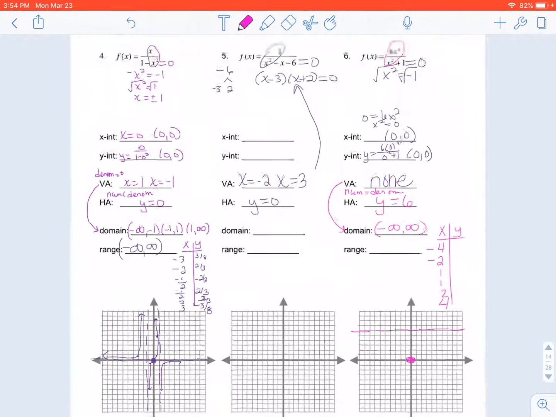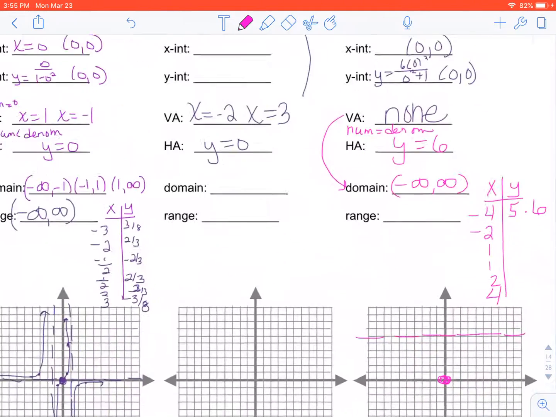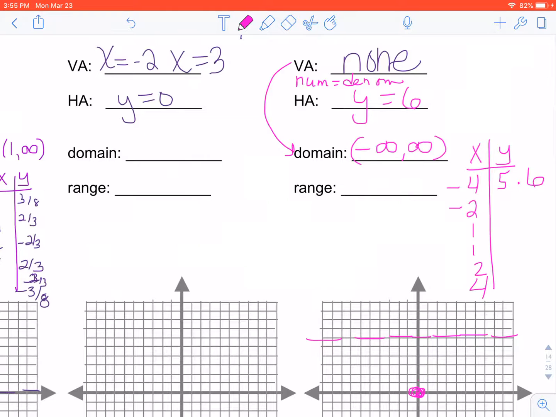And this one gets a little messier because you have a 6 times the x squared on the top, x squared plus 1 on the bottom. So if you want to make them into decimals, that's fine. This one's approximately 5.6. When you plug in a negative 2, it's about 4.8. When you plug a 1 in, a negative 1, you get a 3.